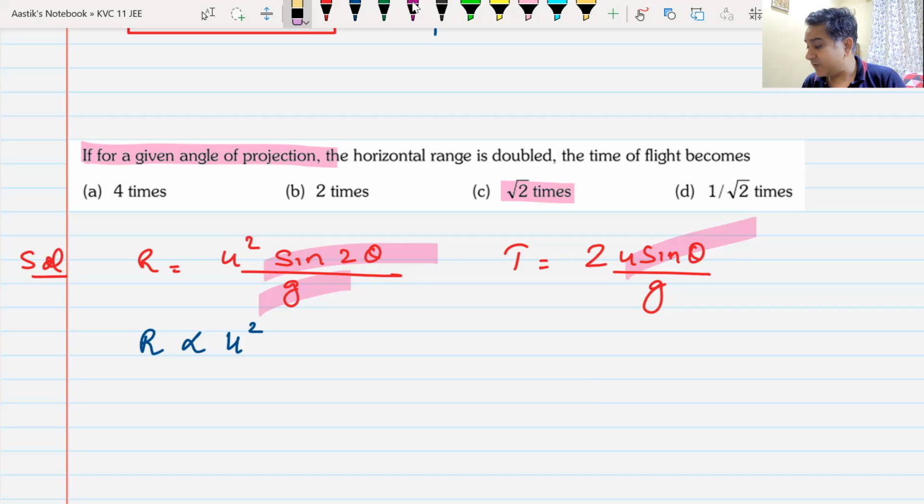So basically, time of flight directly depends on u, and range directly depends on u square. So when you make the range 2 times, the initial velocity becomes root 2 times. Do we understand this?